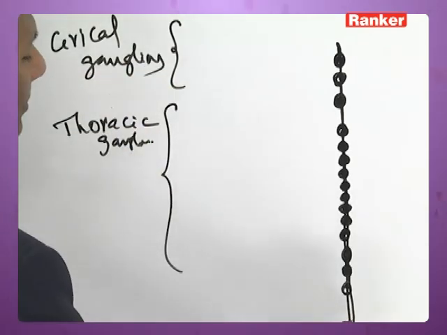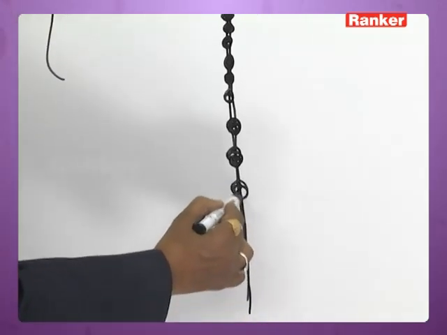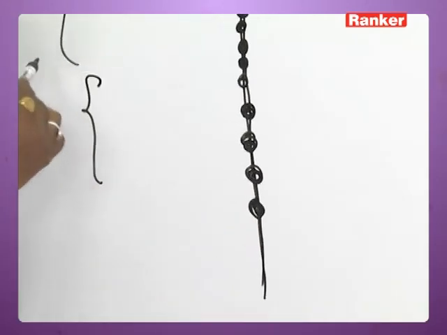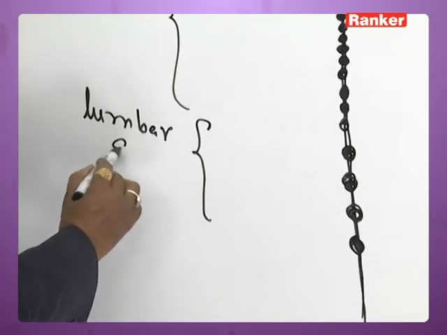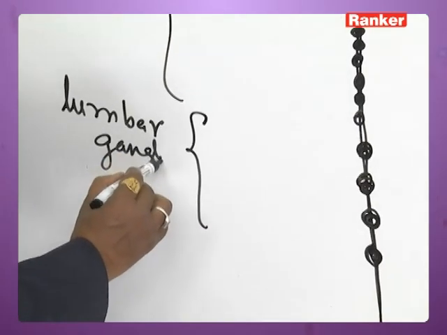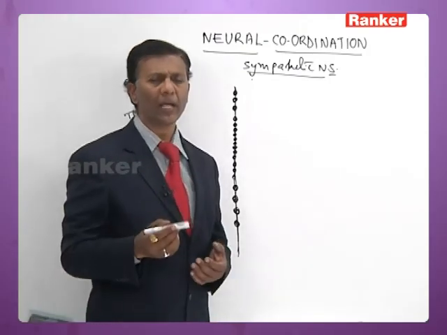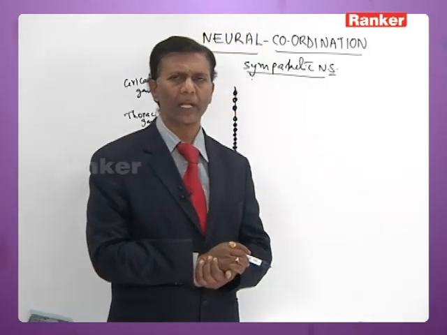Then next you have about 3 to 4 lumbar ganglions. So these are lumbar ganglions. So it consists of around 21 to 25 ganglions altogether.